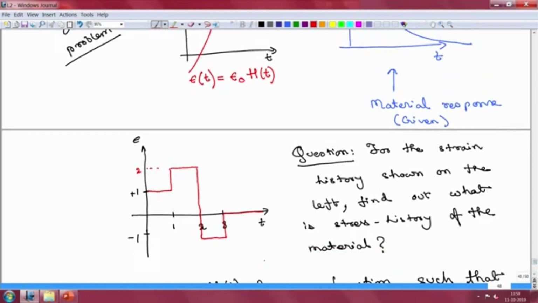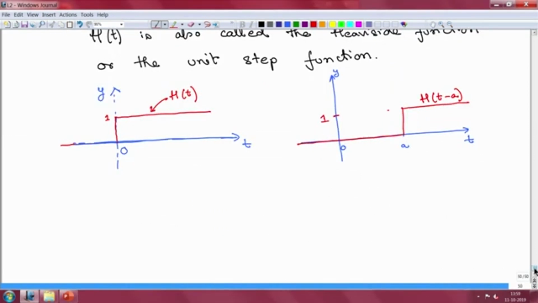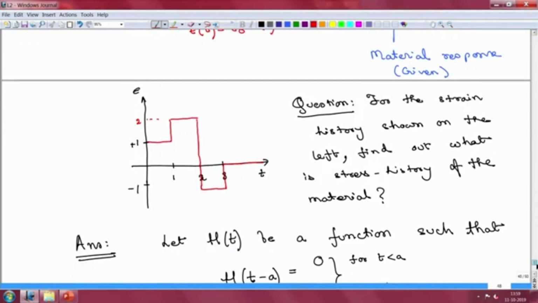Now, we will recall the superposition of responses, and to construct this strain history, we will ask how can we construct this particular strain history that is given on the left as a sum of different step functions. Okay. So, to do that, maybe I will try to fit it in right here.